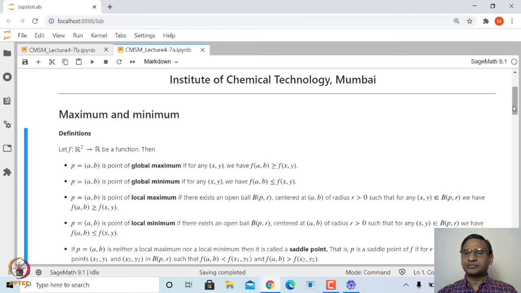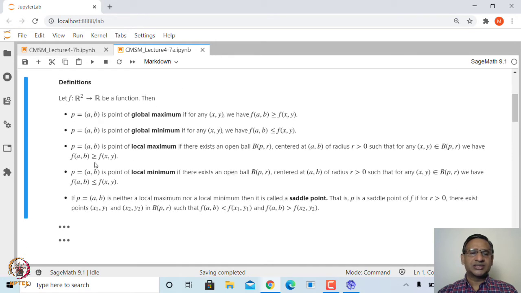But in case this point P is neither a local maximum nor a local minimum, what is the condition that you are going to get? In that case, if you take any radius r, any r positive, and take the open ball B P R, then you can find 2 points x1 y1 and x2 y2 such that at one point the function value is less than f at a b and at the other point the function value is bigger than f at a b.